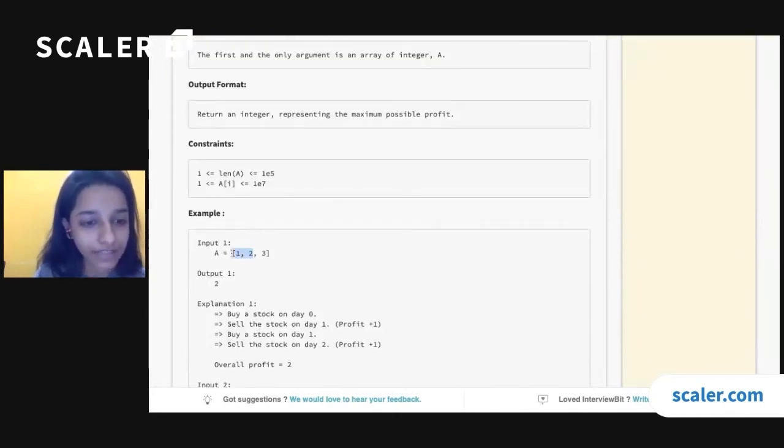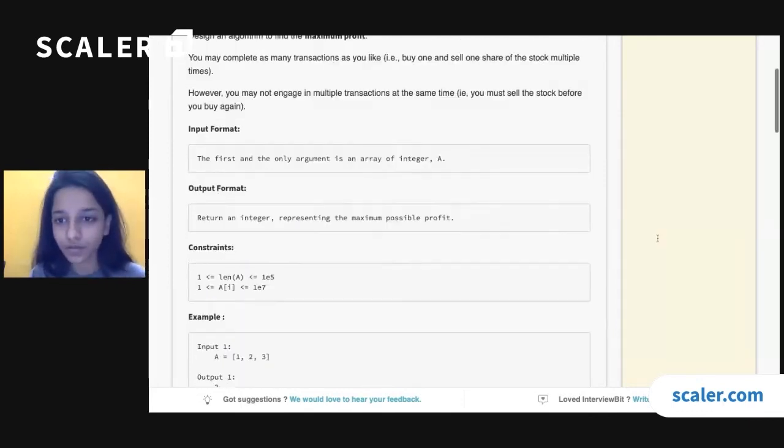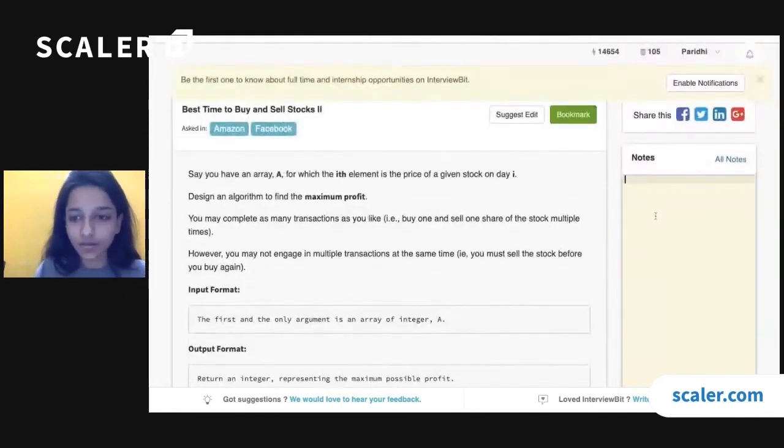So we have an integer array which represents the day-wise stock prices. The output is 2. That means we have bought the stock on day 0, and sold it on day 1. Let me name them: this is index 0, 1, 2, with values 1, 2, 3.